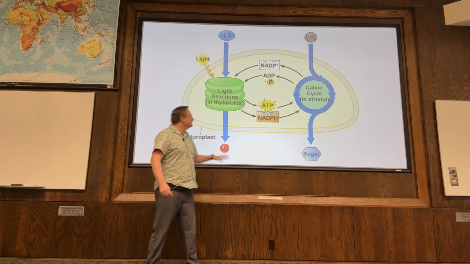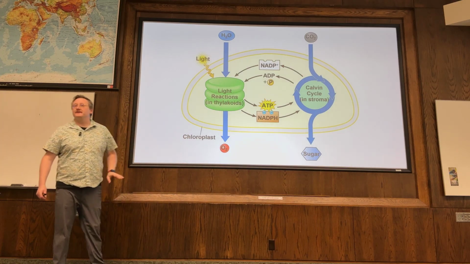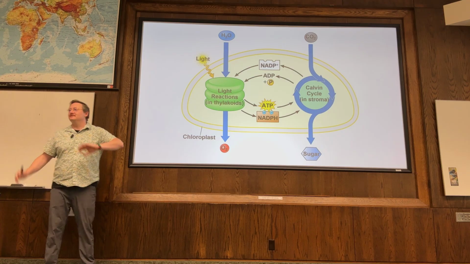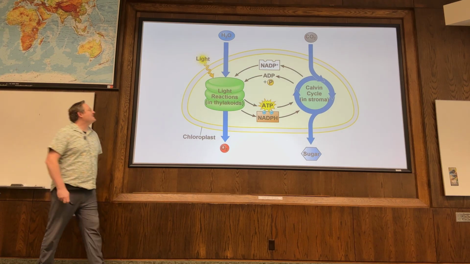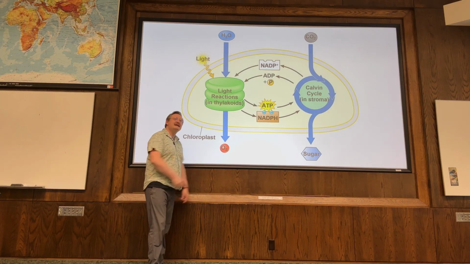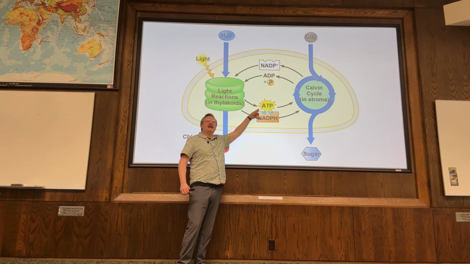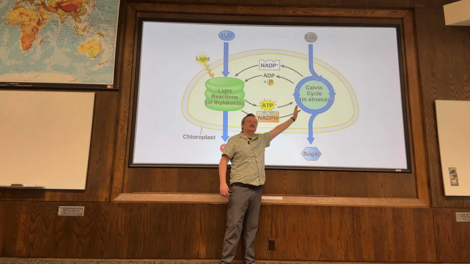All right, so here we go. Let's get our overview. The light reactions use light energy, and they generate ATP and NADPH. These are going to carry that energy into the Calvin cycle.